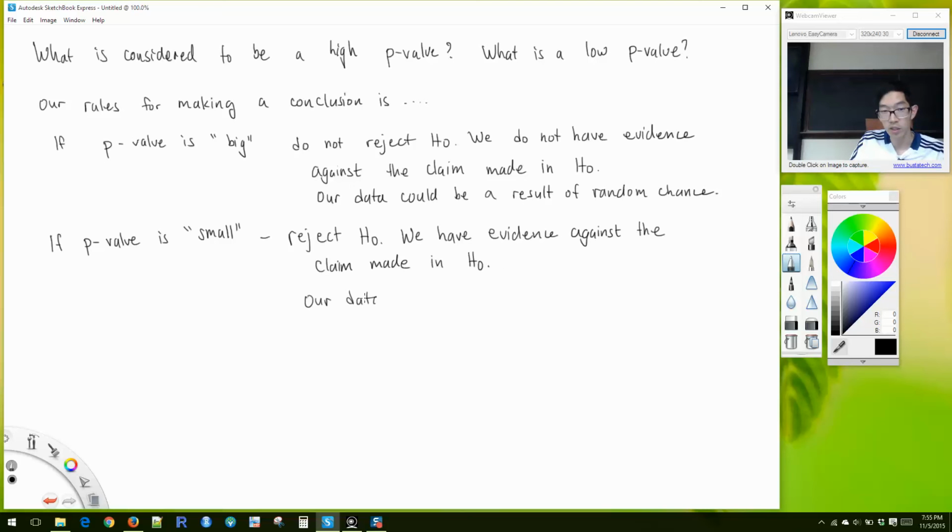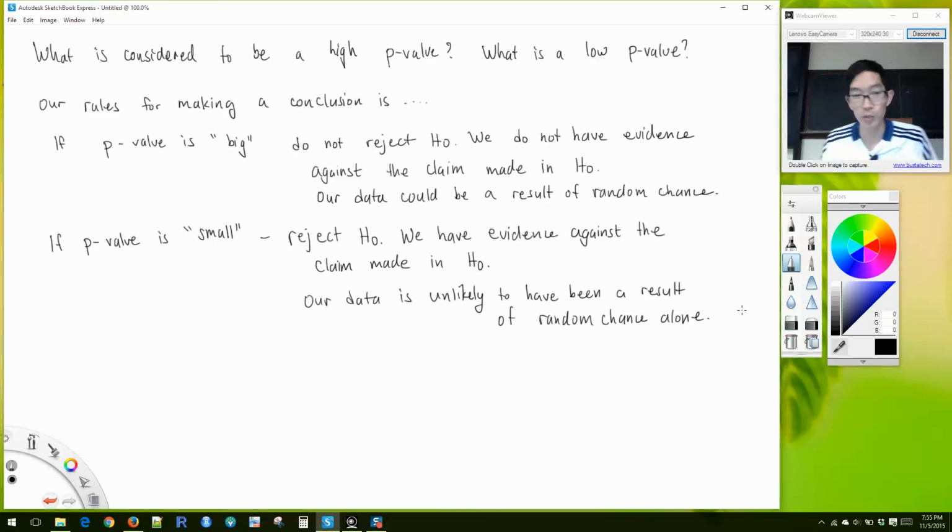Our data is unlikely to have been a result of random chance alone.